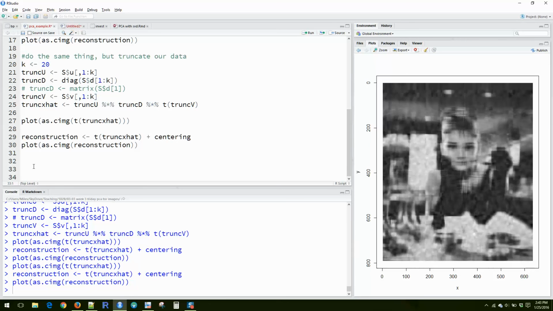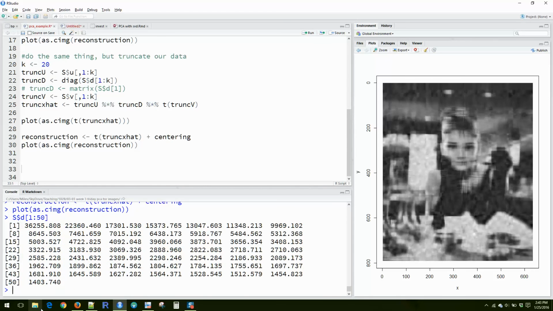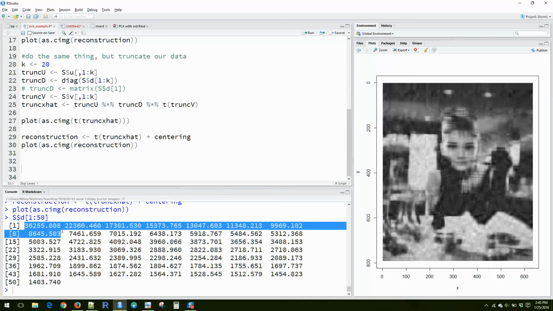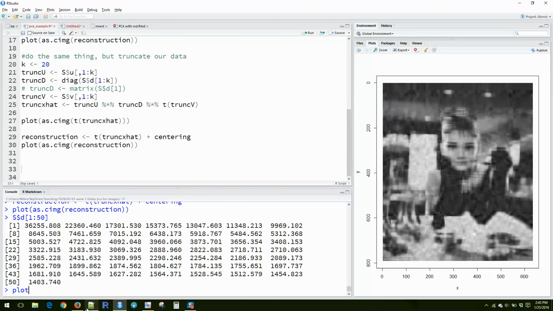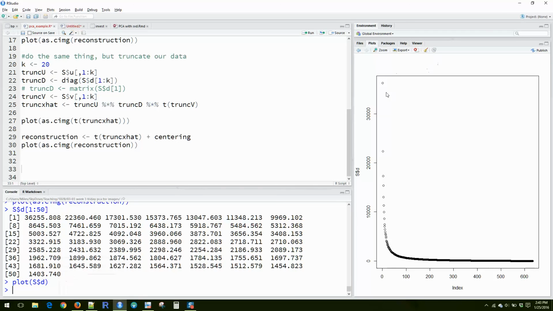But basically, when we look at our singular value decomposition of D, S$D here, I'm going to just ask for the first 50 of them, okay. So essentially, this says this captures this much, and then you can see there's a large reduction here, and so I can just plot S$D here, and you can see pretty much all of the information.